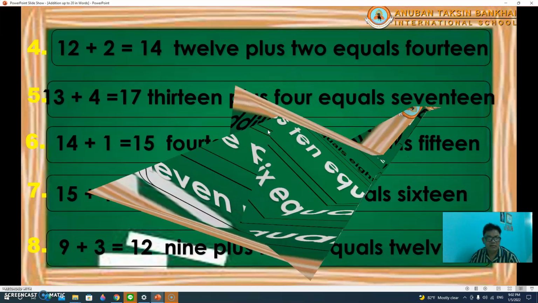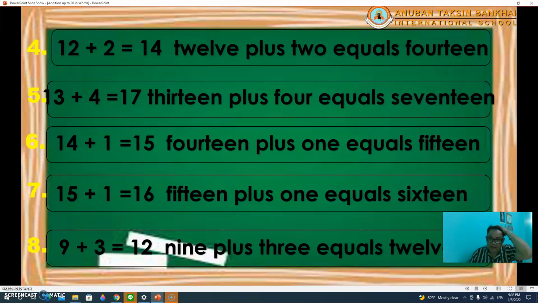Number 4, 12 plus 2 equals 14. 13 plus 4 equals 17. 14 plus 1 equals 15. 15 plus 1 equals 16. 9 plus 3 equals 12.